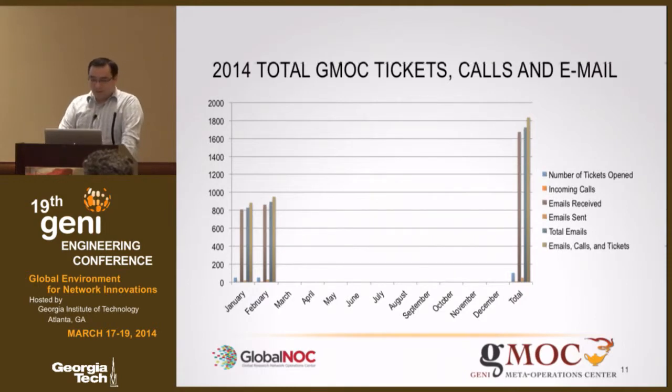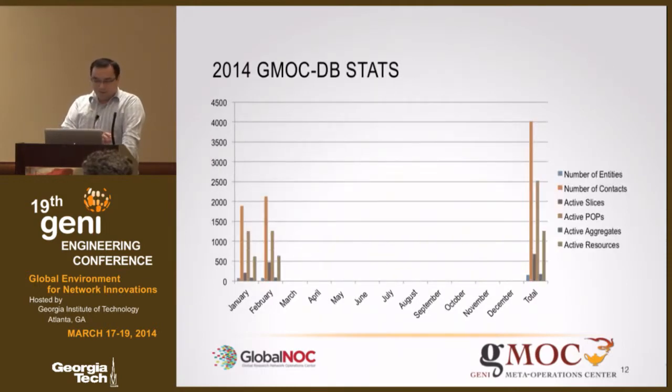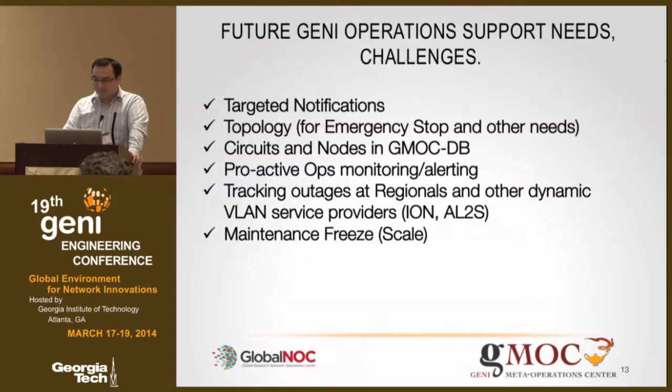I'm going to skip through most of the GMOC DB stats. A little bit interesting. Some of this, of course, is just a snapshot, especially with the slices. The contacts are growing at a crazy rate, so that certainly is showing as GENI grows. A lot of these statistics will continue to grow as well.